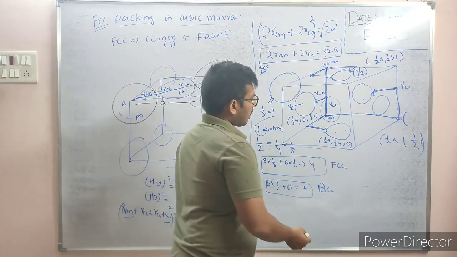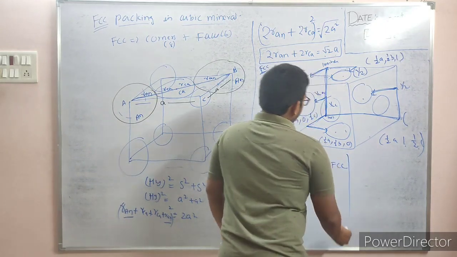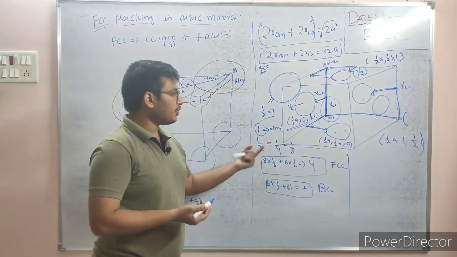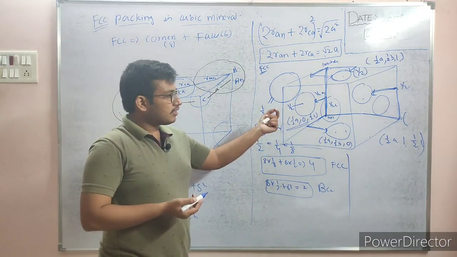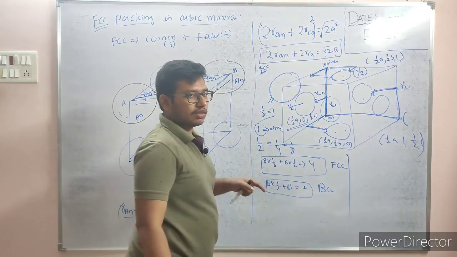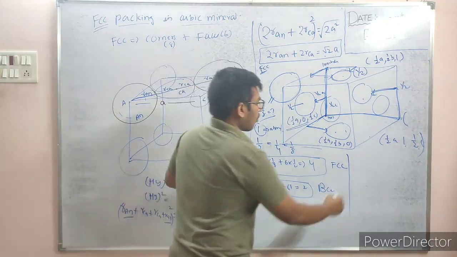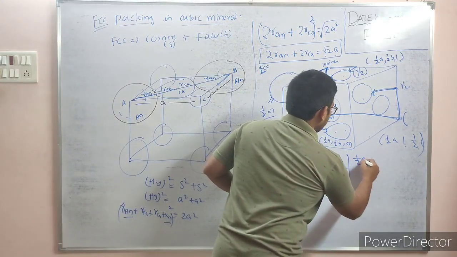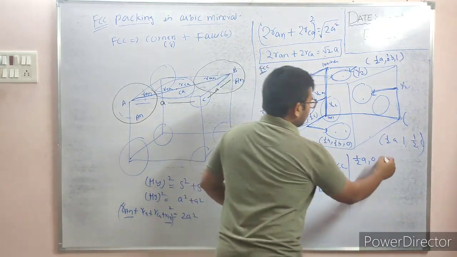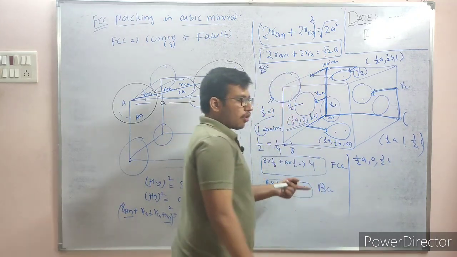Now for Miller indices, if you know these intercepts, the simplest way to get the Miller indices is to take the reciprocal, right? Suppose I am taking this atom, 1 by 2 A, 0, 1 by 2 C. What is the reciprocal of this?